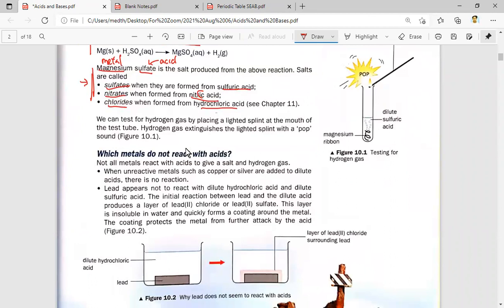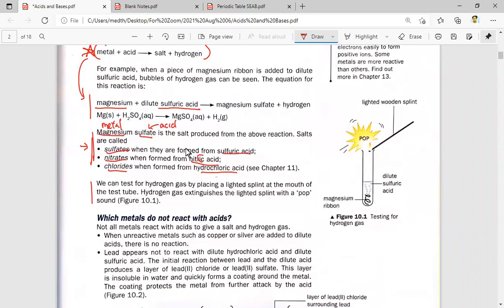Now, this part over here talks about how we can test for the hydrogen gas that's being produced. For hydrogen gas, we will use what we call a lighted splint to test for the gas. If hydrogen gas is present, the gas will extinguish the lighted splint with a pop sound.